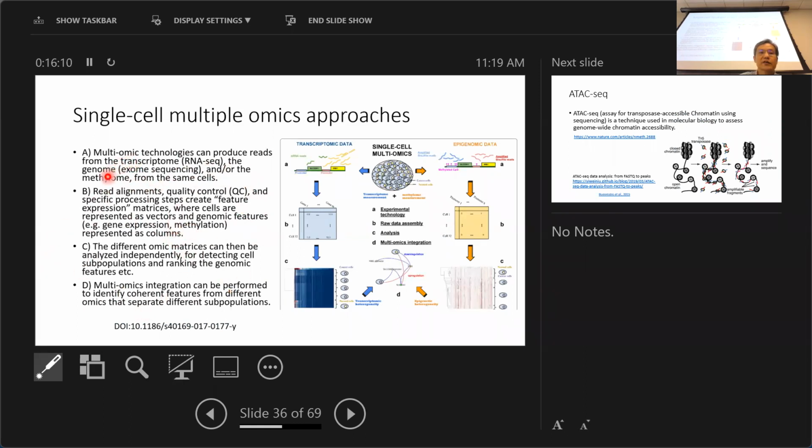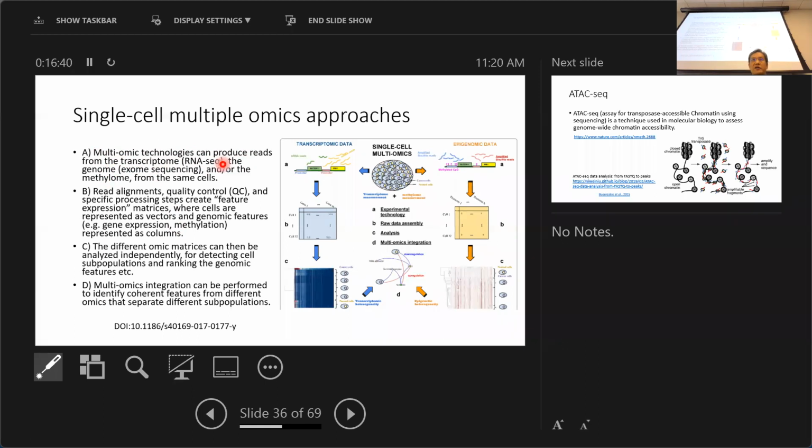So this technique is useful, as we said, because multi-omics technologies can produce different kinds of readouts from the cell. Now we are talking about the same group of cells, the same sample, but not exactly the same cell, measured with two techniques.